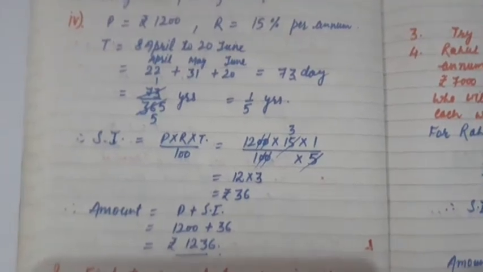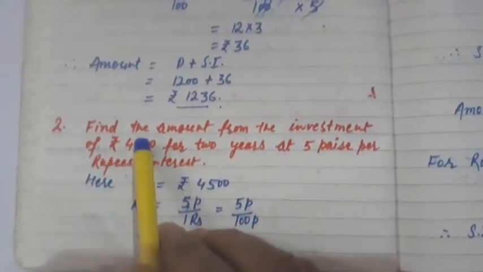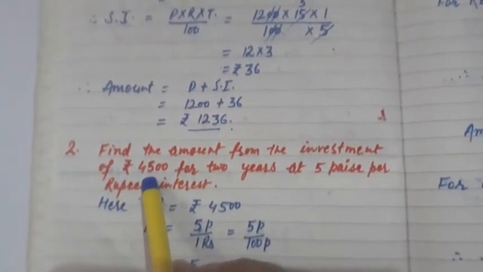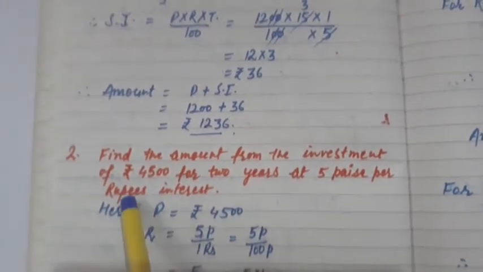Now question number 2. In this question it is given: find the amount from the investment of rupees 4500 for 2 years at 5 paise per rupee interest.